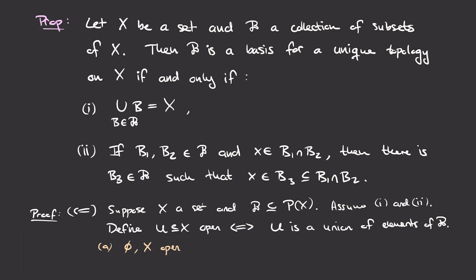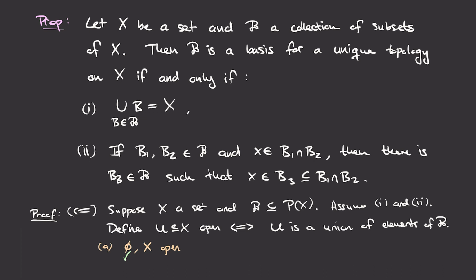Why would this follow from our definition? Well, the empty set is the empty union over no elements in our collection B. So in fact, the empty set is going to be open according to this definition we've made. So empty set is a yes.